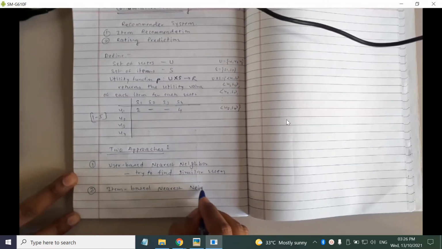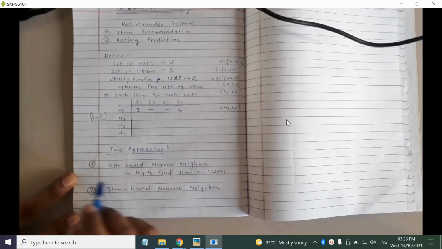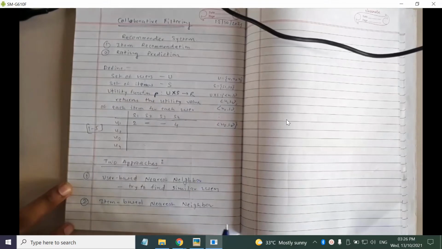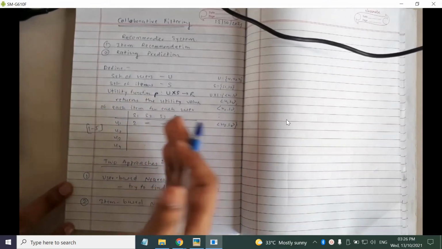The second approach that we can follow is item based nearest neighbor. Either you can match the rows or columns. So you find the similar items, and based on that you can predict the values.